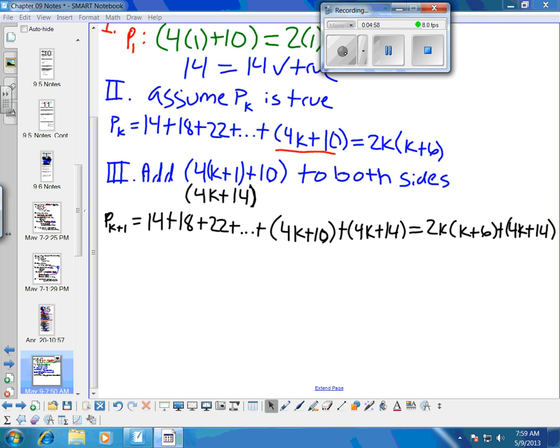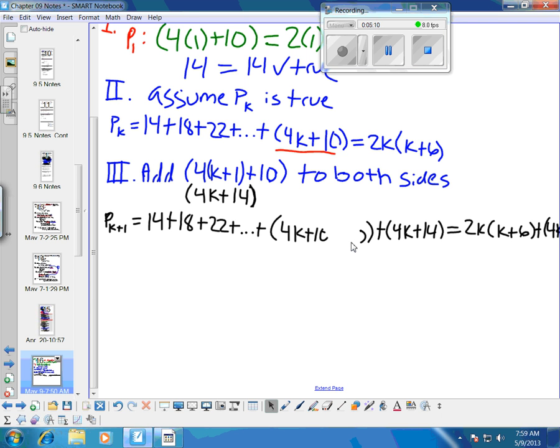Okay, so what Bryce has done now is he's shown you what he has to add to both sides of the P of k statement to get the P of k plus 1 statement. When I press record, it takes it off the monitor. So what he has there is the P of k plus 1 statement. Now, we know that if we added 4k plus 14 to both sides, we would get the P of k plus 1 statement.